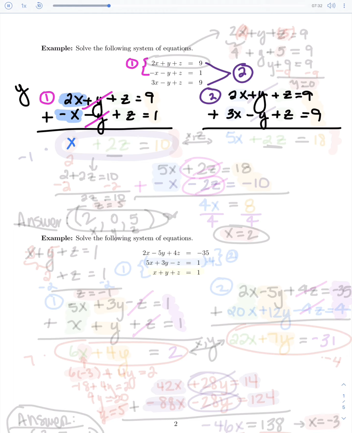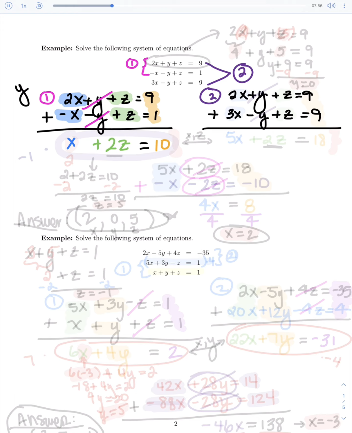But we also have a z plus a z, which, because we're adding, will give us 2z. We've got to add the other side as well. We have a 9 and a 1, which will give us 10.